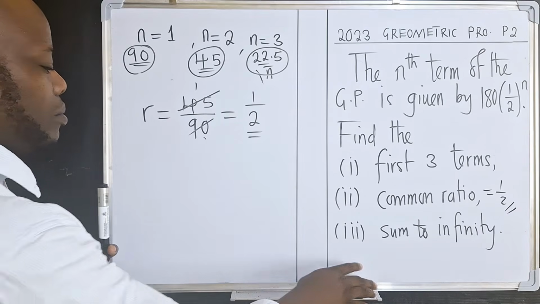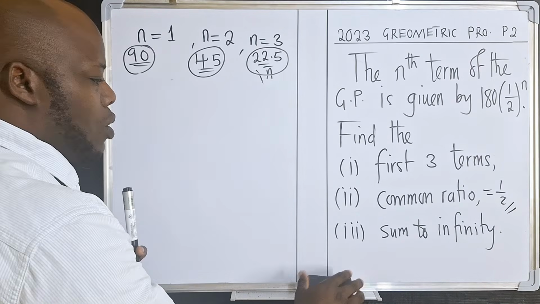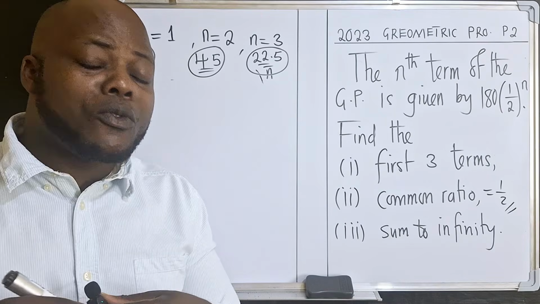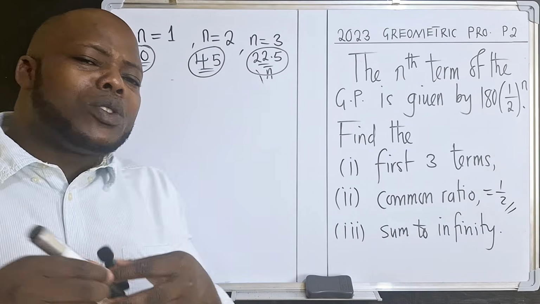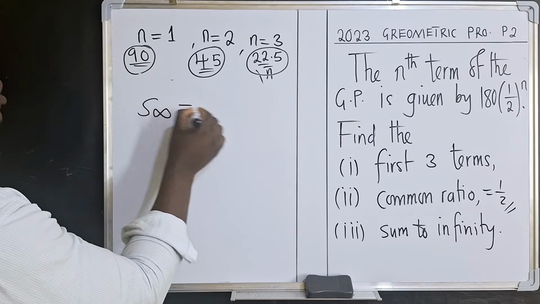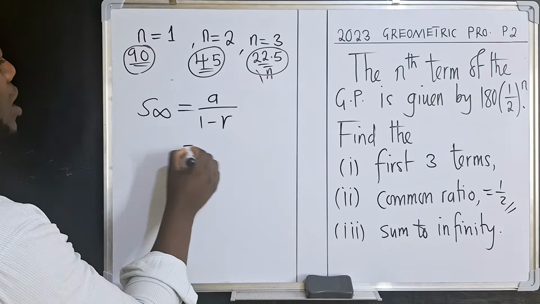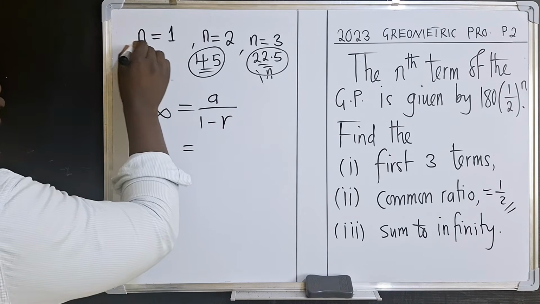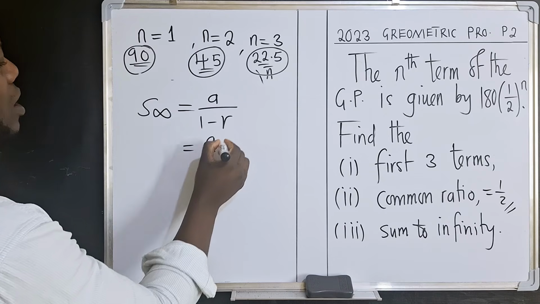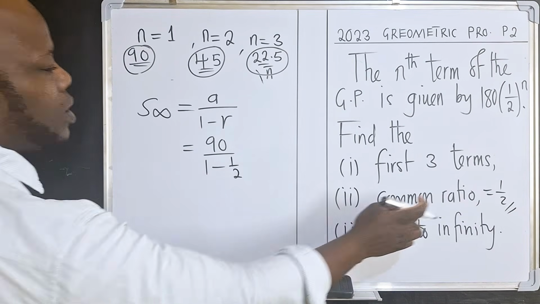Now we go to the last question, where we need to find the sum to infinity. For the sum to infinity, we use the formula for sum to infinity. This is the formula right over here. Our a is the first term, which is 90, over 1 minus our ratio, which is 1/2, what we just found.